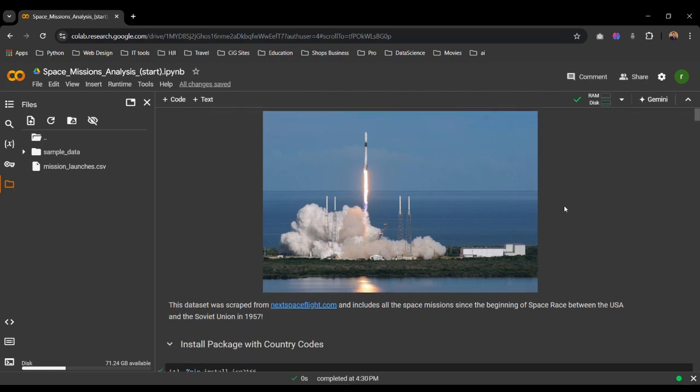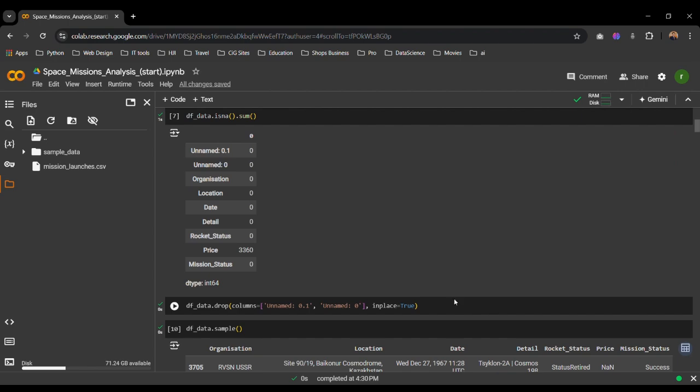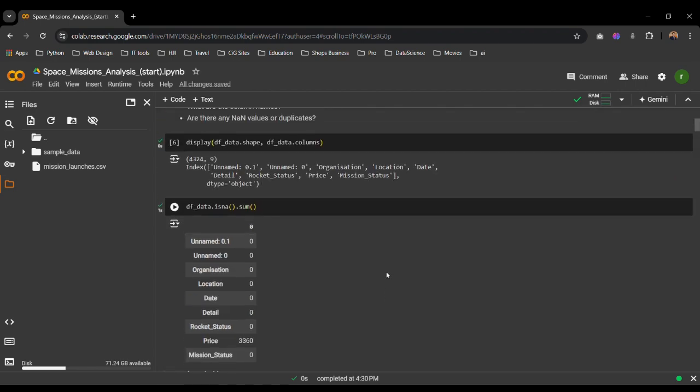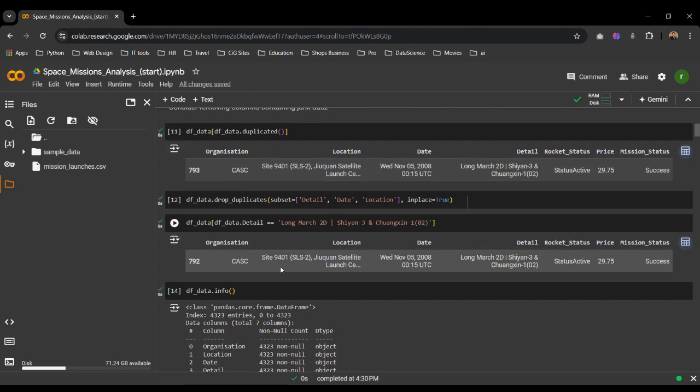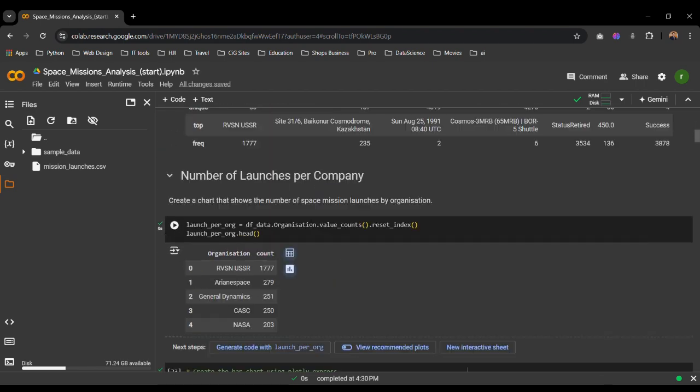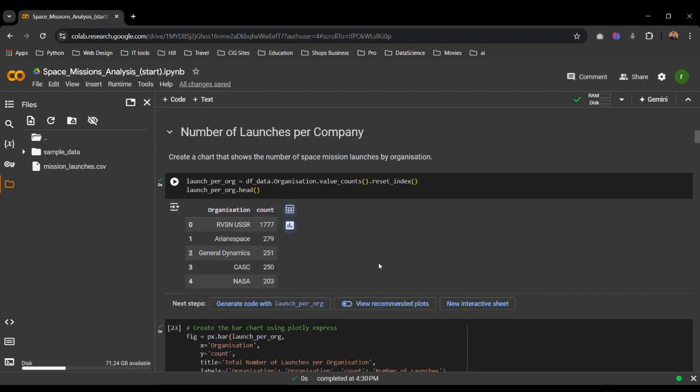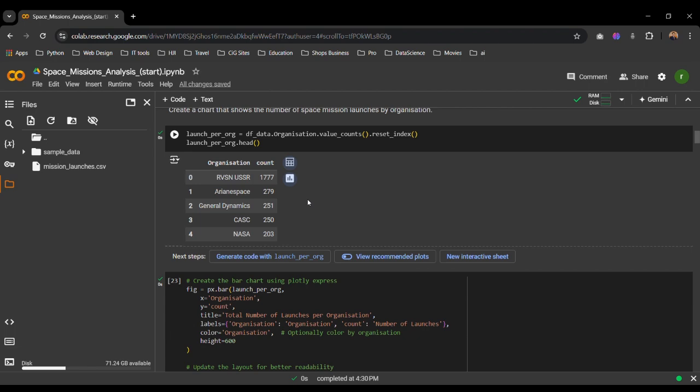We're going to analyze the data from nextspaceflight.com. First, guys, we have to clean up our data. So after we clean up our data, first is the number of launches per company. So we use the value counts.